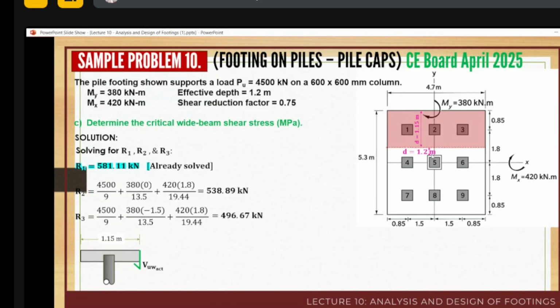Therefore, we can solve for the reactions of each of these piles that we consider critical for one-way shear, which is a distance d from the center.